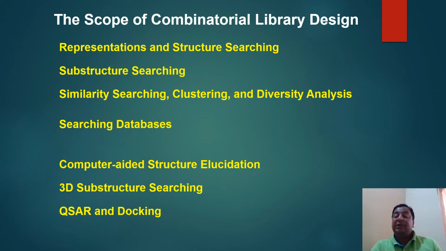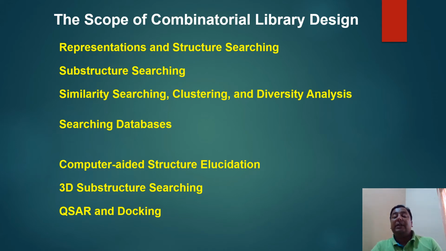computer-aided structure elucidation in terms of their representations, their nomenclatures, their identifications, right? Their international chemical identifiers, their SMILES notations. All types of things we can get from the databases.